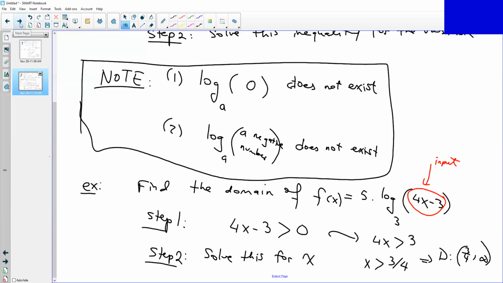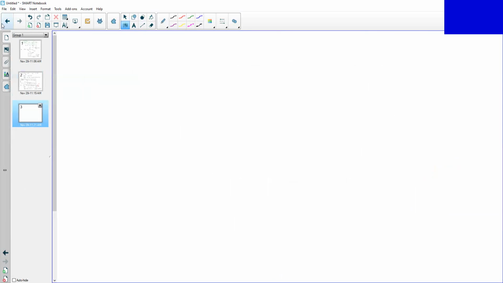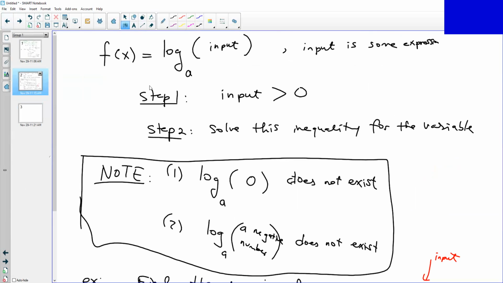Now let me give you another example. To find the domain of an exponential function, do we just convert it to a logarithmic function then? Well, for an exponential function, you don't need to do that because the domain of the exponential function is always all real numbers.